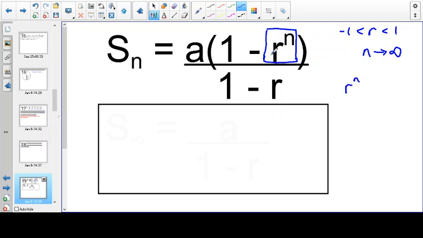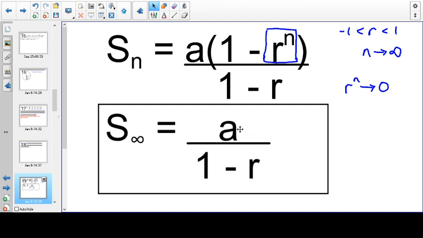So if you've got a small number with an ever-increasing power, this is just going to get smaller and smaller. So that is going to tend to 0 as n tends to infinity. So what we're left with is just a over 1 minus r. And that is denoted by S with a little infinity sign. So the sum to infinity is a over 1 minus r.